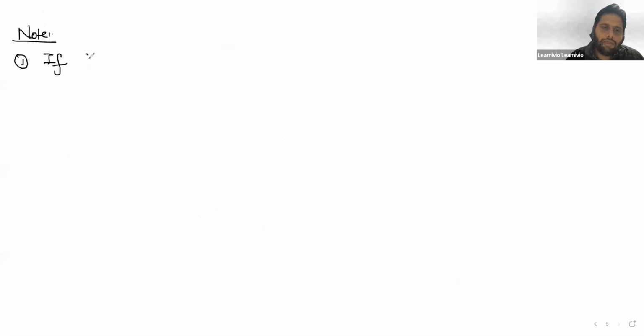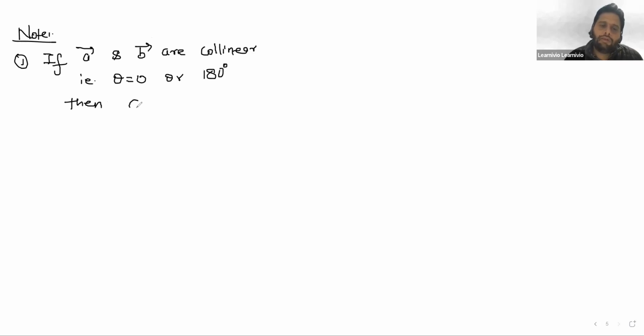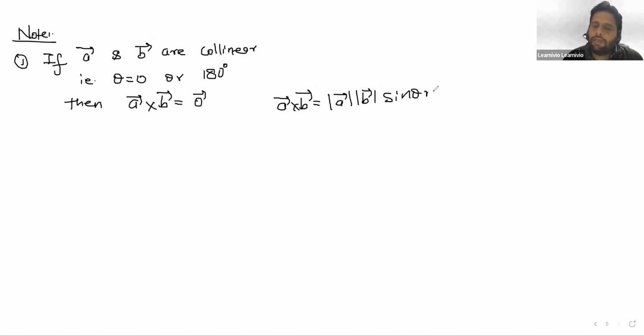If vector A and vector B are collinear, that is, theta is either 0 or 180 degrees, then A cross B is equal to the 0 vector, because in the formula for A cross B we have magnitude of A, magnitude of B, sine theta n cap.